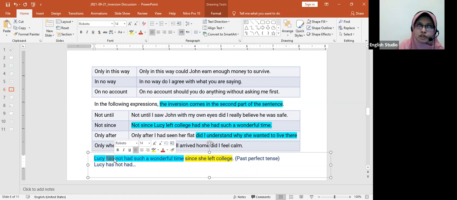Jadi mungkin bukan rancu, mungkin memang sedikit complicated for those who haven't been familiar with this type of tenses. But if you learn further about past perfect tense ya misalnya, you will actually understand why we need to use had as an auxiliary verb ya for past perfect tense.